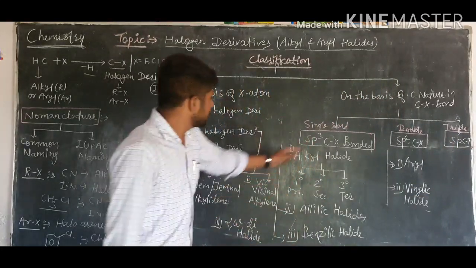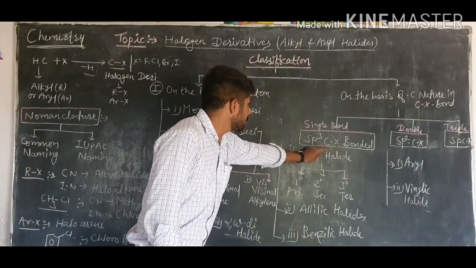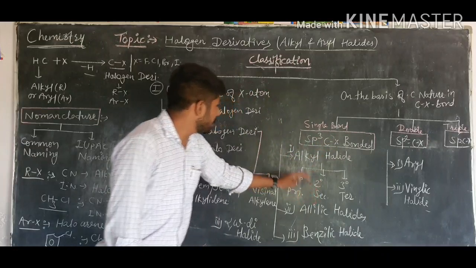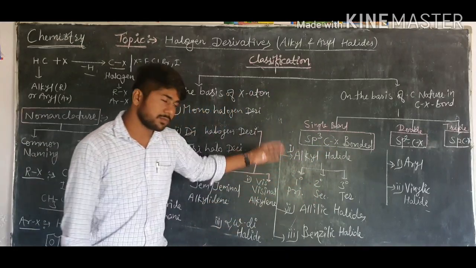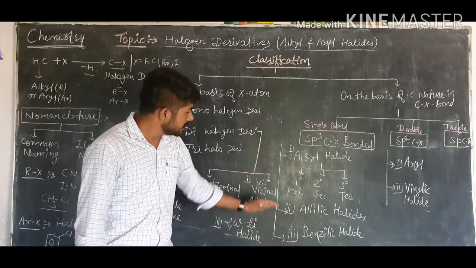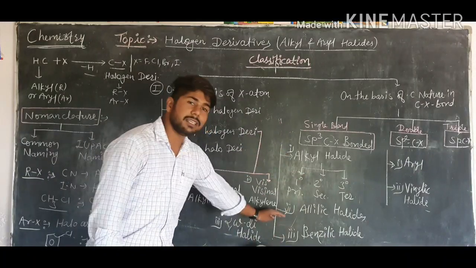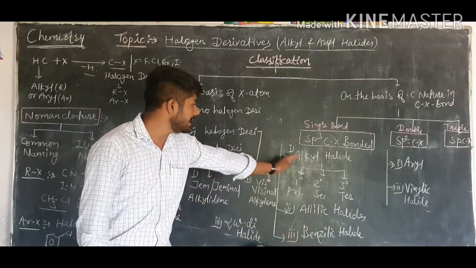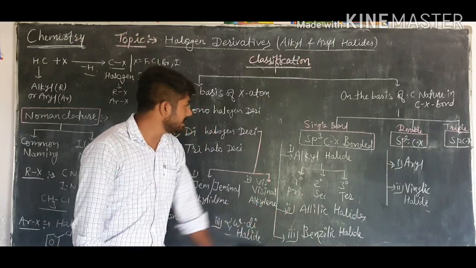The sp3 C-X bonded halogen derivatives are commonly of three types: alkyl halide, allylic halide, and benzylic halide.